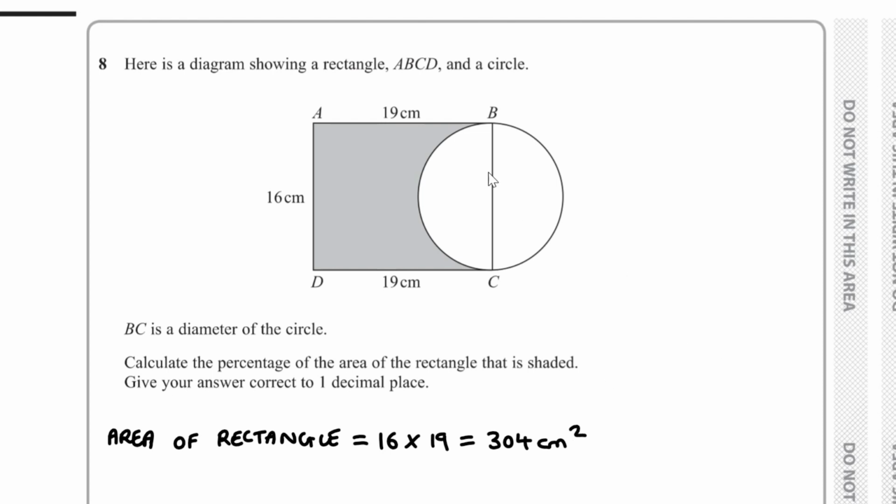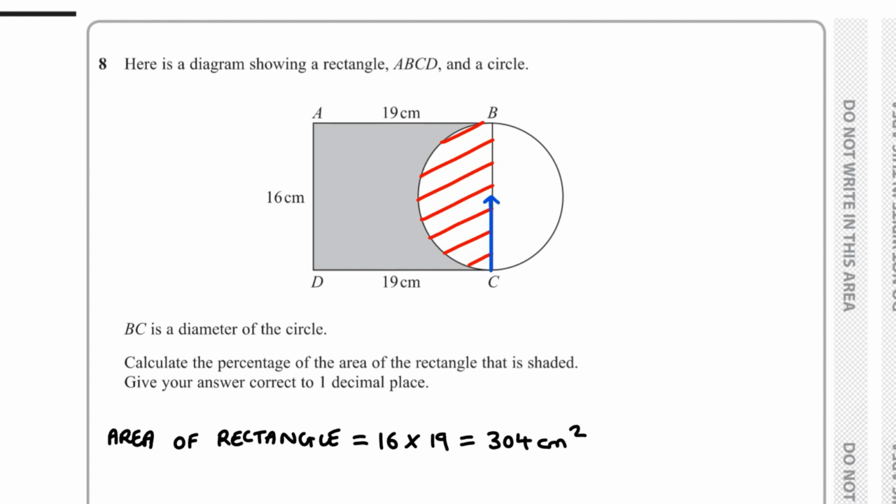Now we also need to find out the area of the semicircle. We'll show that here. So we need to calculate this shaded area, and for us to do that, we can recognize that the area of a semicircle is half the area of a circle. So we need the radius of this.